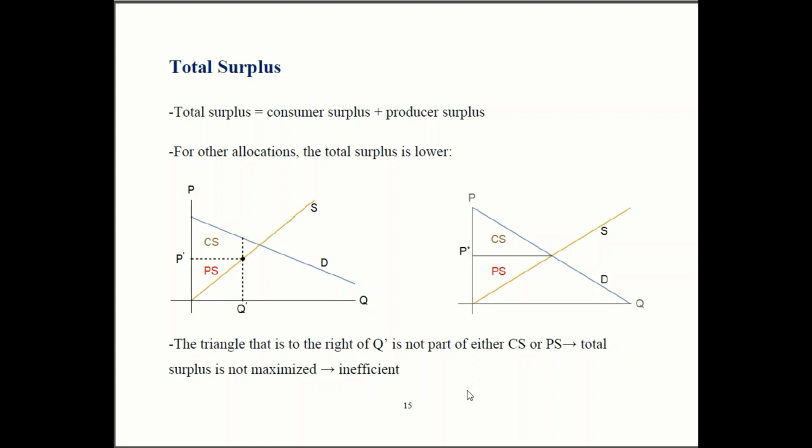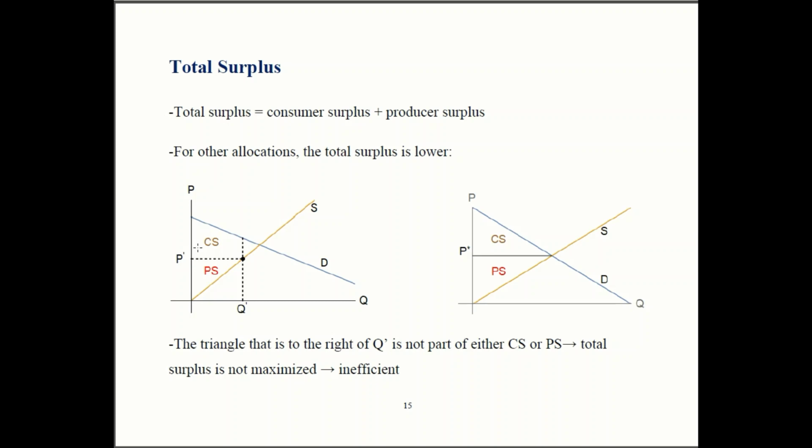If you try to help out consumers by charging a price below the market price, that's also inefficient. So consumers get a taller area here because they're paying a lower price than they would in the market. Market price would be over here. However, the drawback is that producers start producing less when prices go down.